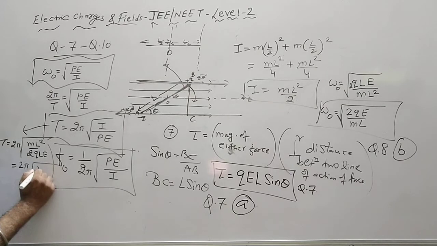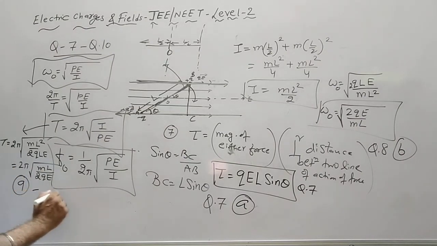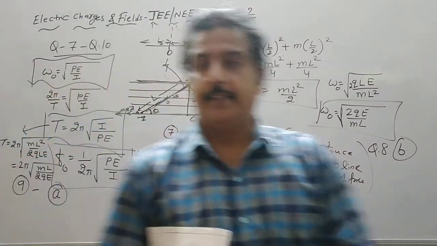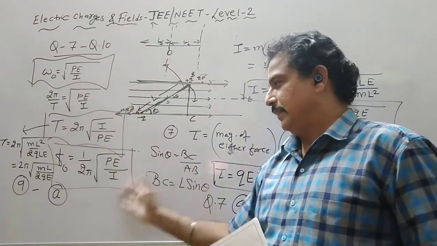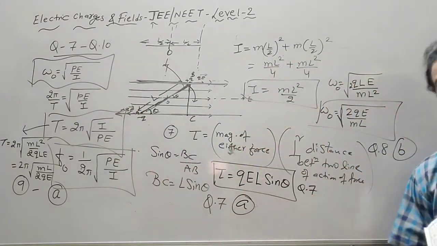So under root ml upon twice QE. Outside we have a 2 pi. So this is question number 9, having option A. So if you remember this formula, then you simply substitute the values.